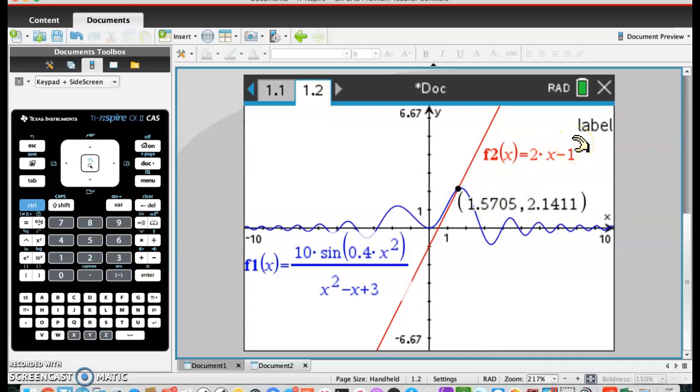These two intersected at time t equals 1.5075, which rounded would be t equals 1.571. The problem says, at what time are they moving the same? You put them in the calculator and found where they met. We have that value right there.